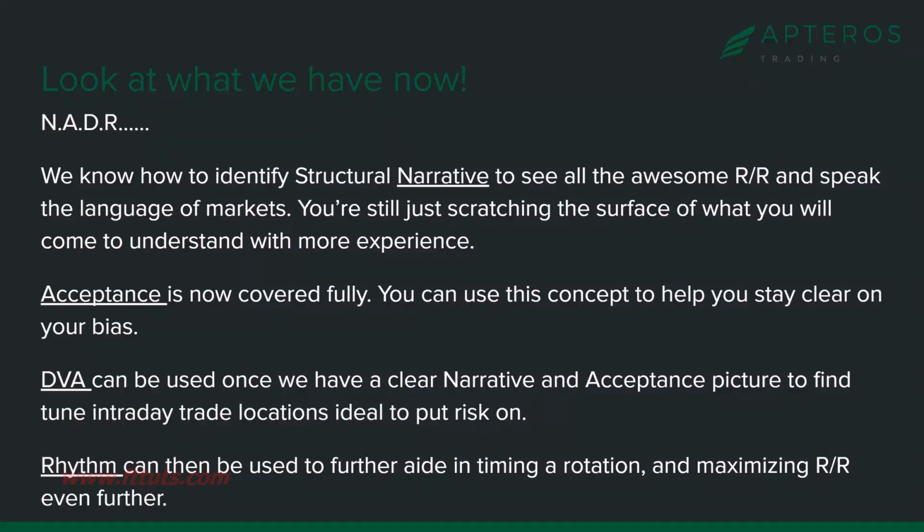And then rhythm helps with a lot of stuff, but rhythm's a component of acceptance. So why isn't it listed first in the acronym? I get that question all the time. It's because once I've got a narrative, once I've got the acceptance picture, once I've got a trade location in terms of DVA, I'm pretty focused on rhythm, a turning point. So that's why it is there. This is chronological in terms of a top-down approach.